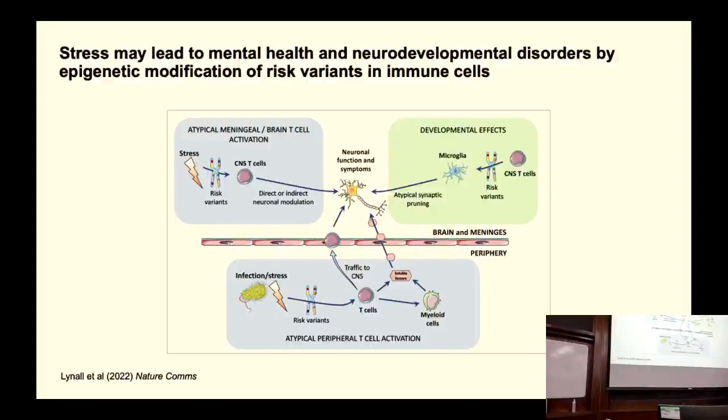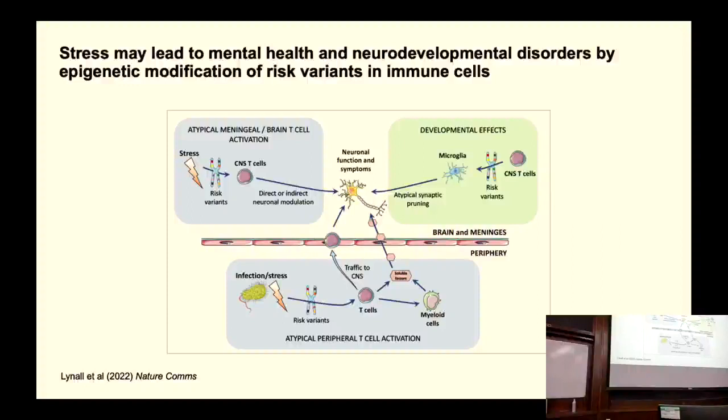And the blood-brain barrier is shown here, but it's far from an impermeable barrier. So a lot of things going on in the periphery, in particular cytokines and indeed immune cells, can traffic into the brain and modify neuronal function in that way.